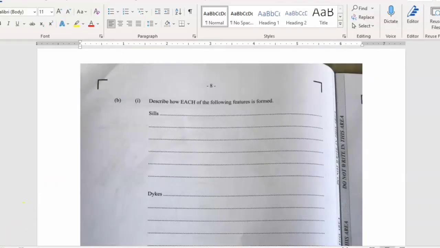So the dike is vertical while the sill is horizontal.